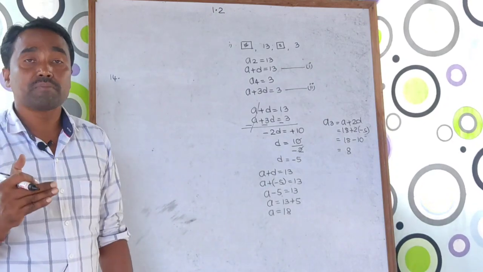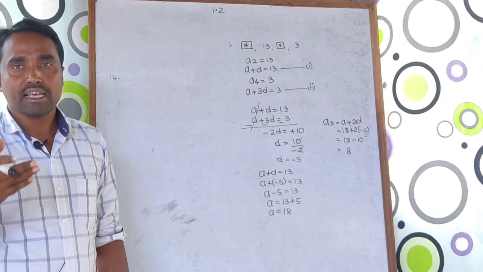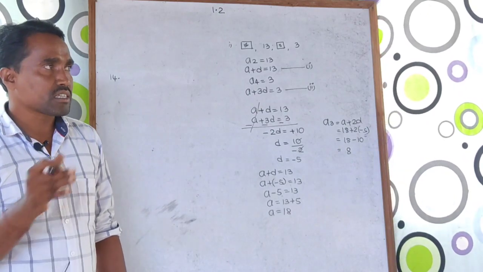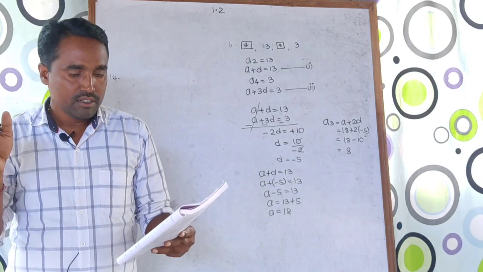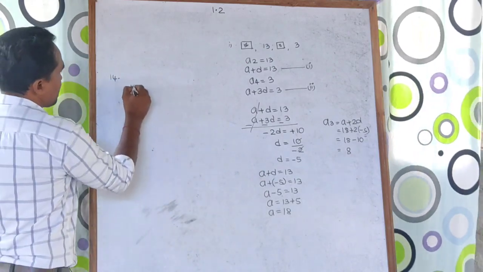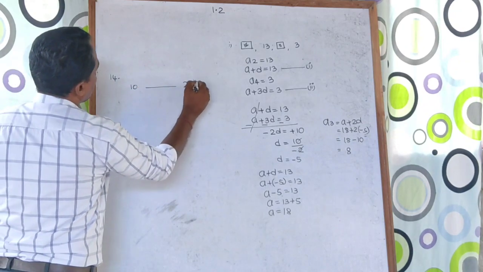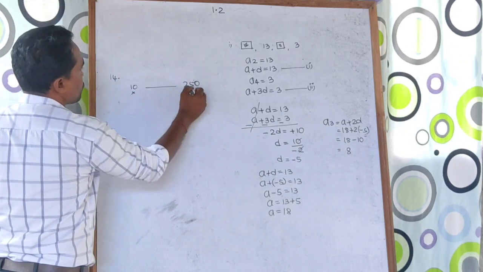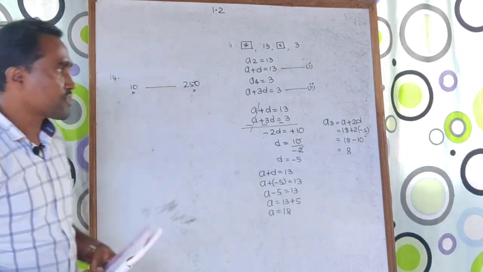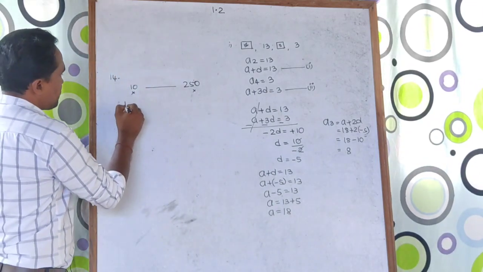The multiples of 4 mean 4, 8, 12, 16, 20. Such multiples of 4 should lie between 10 and 250. Remember, I cannot take 10 and 250, so it will start from 12.